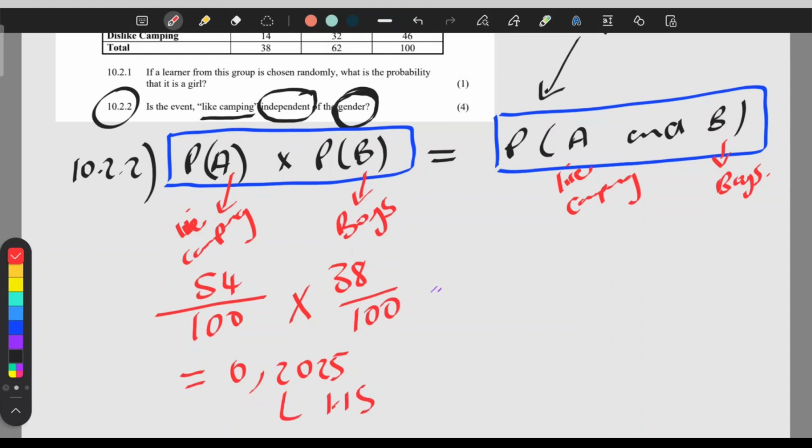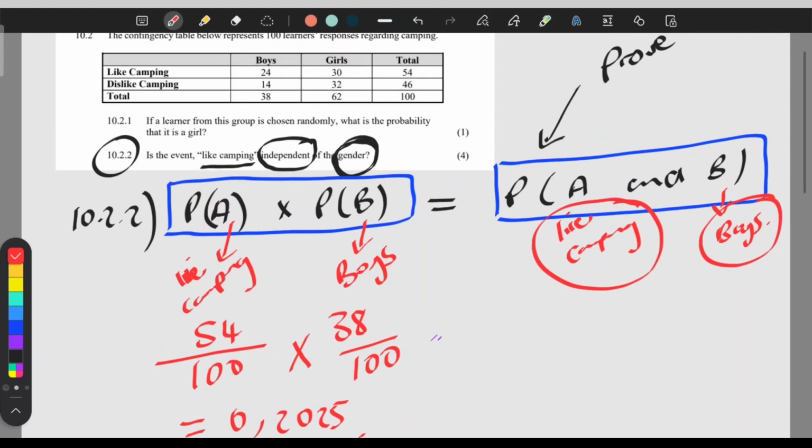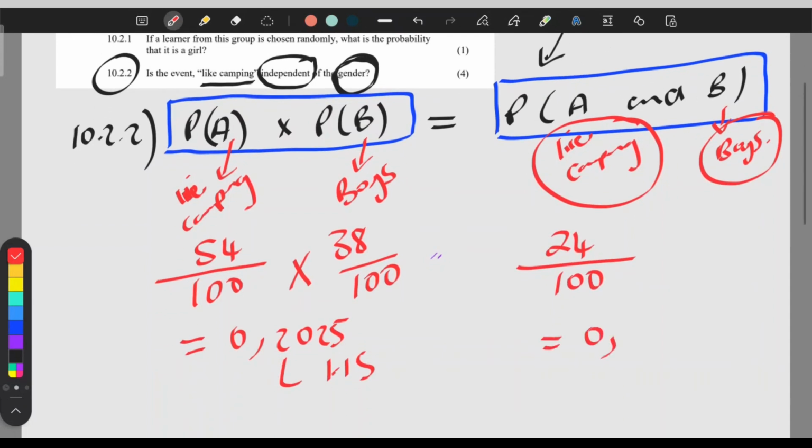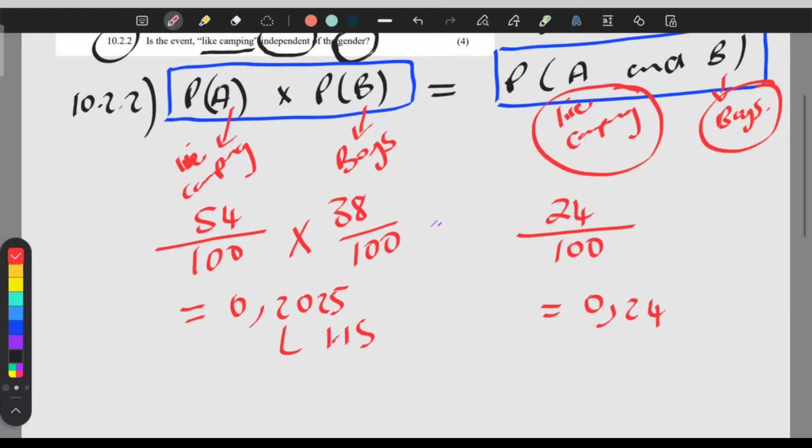Let's look at the right-hand side. P of A and B. So now I'm going to look for like camping and a boy. So it must be boys who like camping. So boys who like camping, there it is, 24 over 100. So this is 24 over the total number of learners, and this gives me 0,24.